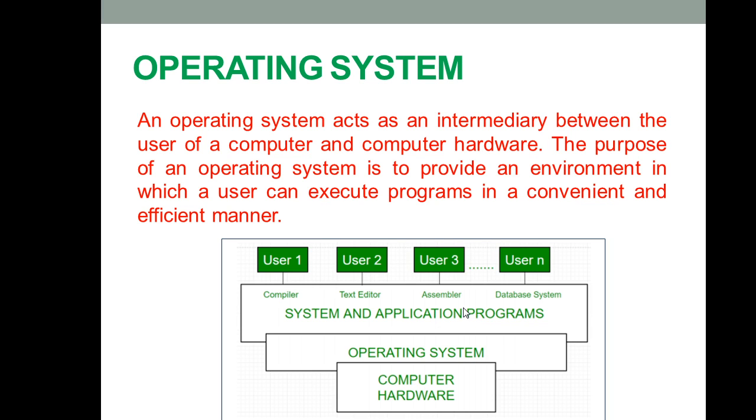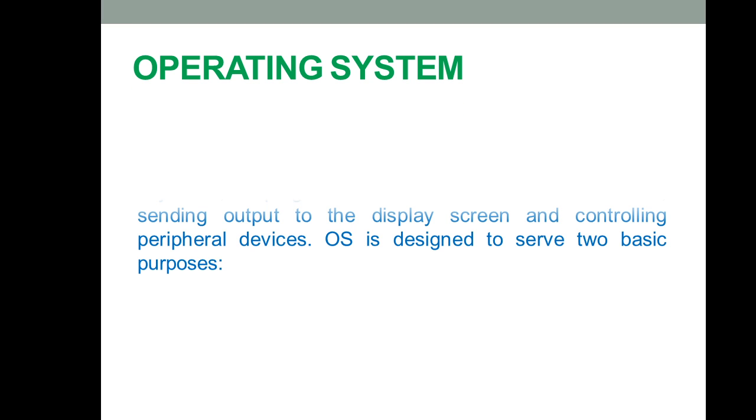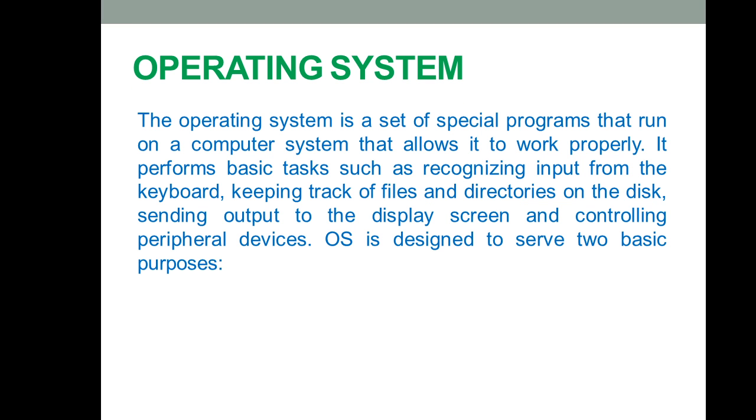Now you just move forward to the next thing, that is some more definitions of operating system. So the operating system, we can say that it is a set of special programs, because in case of operating system there are a number of programs which are written in the background. Okay, because your operating system handles all kinds of input devices, it handles all kinds of output devices, it handles all kinds of application programs.